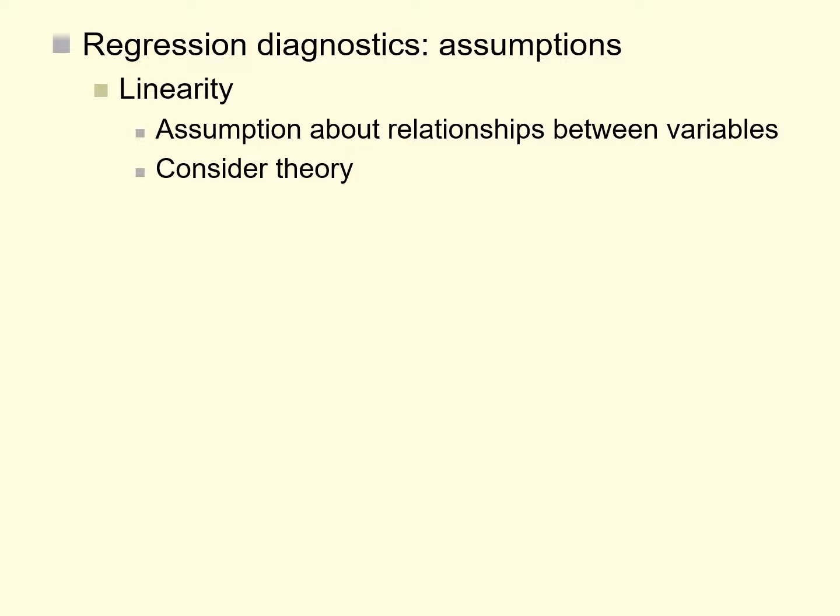It's not curvilinear in its relationship. Now, there are out there in the big world of statistics ways of doing curvilinear modeling, but they're a little bit beyond the scope of this class. And frankly, the way I'm feeling today, a little tired, a little worn out, they're beyond my ability to think too carefully about. So suffice it to say, one of the things we're assuming is that there are linear relationships between our variables.